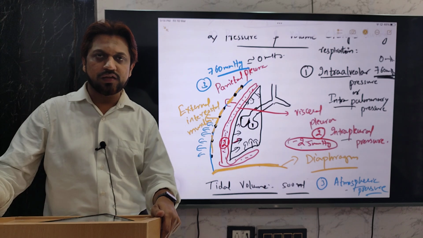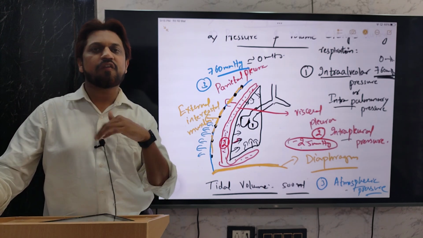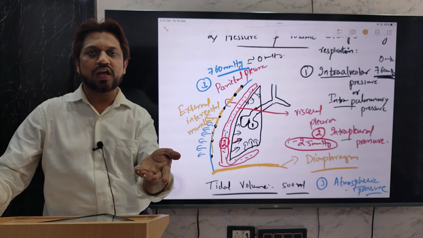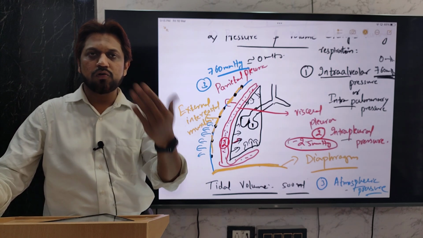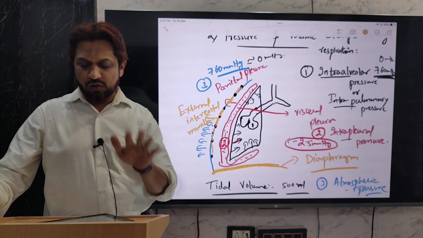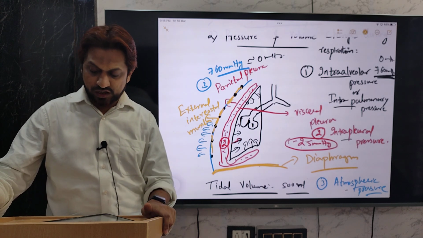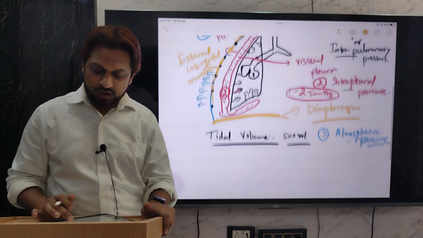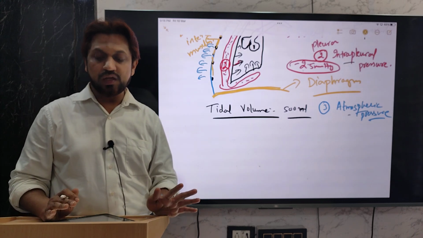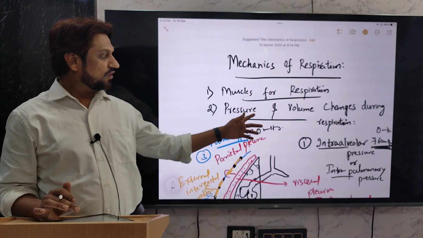Generally, we take 500 ml of air inside and 500 ml of air outside, that is during expiration 500 ml goes out and during inspiration 500 ml comes inside. So this taking in and taking out of 500 ml of air is known as the tidal volume.